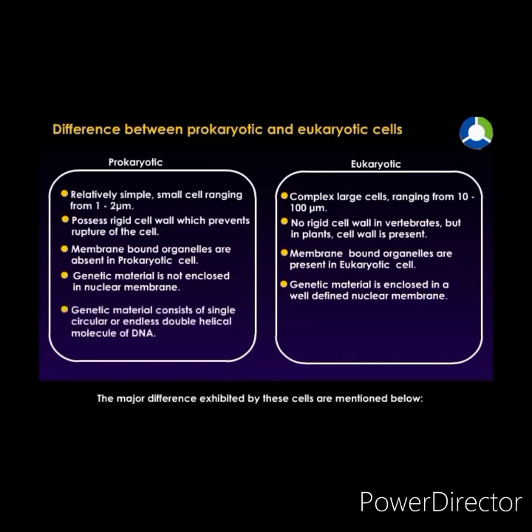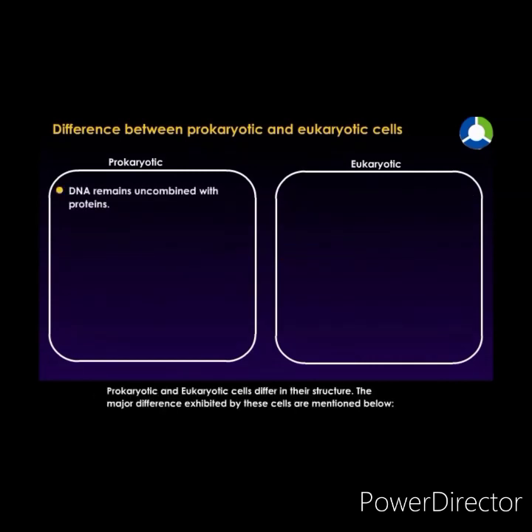In prokaryotic cells, genetic material consists of a single circular or endless double helical molecule of DNA. In eukaryotic cells, there are many chromosomes formed of linear, open-ended double helical molecules of DNA.